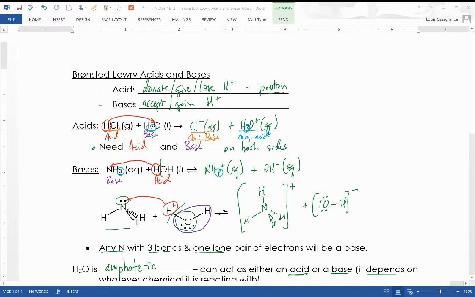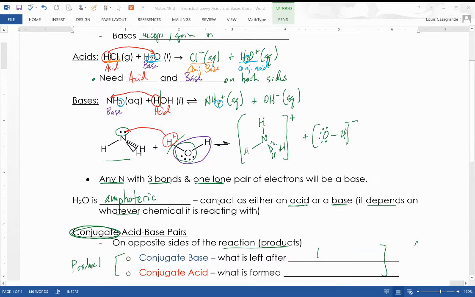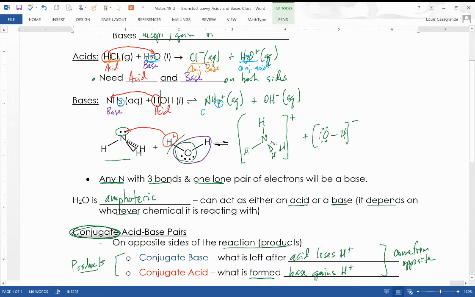Since our definition is that the conjugate acid is what's formed after the base gains a proton, the ammonium must be the conjugate acid. And so it turns out that there is this relationship between ammonia and ammonium, that they are conjugate acid-base pairs, and ammonium is the conjugate acid of ammonia. You can also say that ammonia is the conjugate base of ammonium.